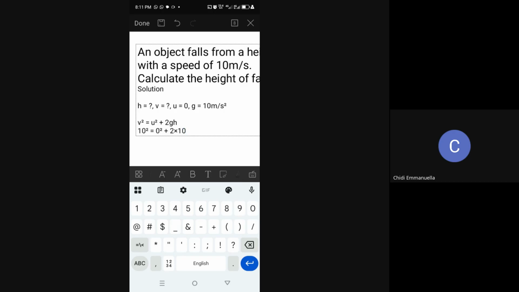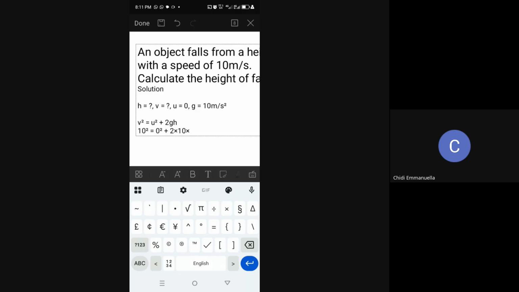If the motion is upward against gravity, this plus will turn to negative; the acceleration due to gravity will be minus. But if it is downward, under the influence of gravity, it will be positive. So if an object falls, it is coming under the influence of gravity. It's not going against gravity, so it will be positive. Do you understand that now?